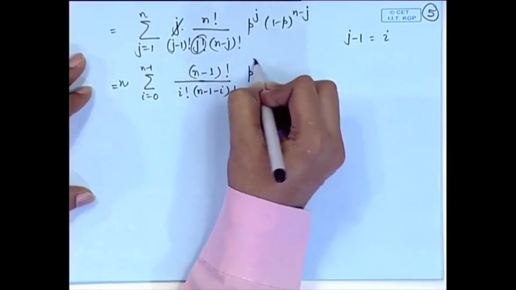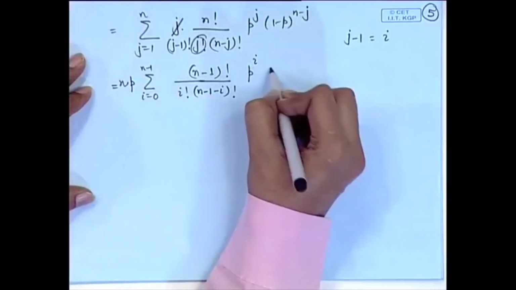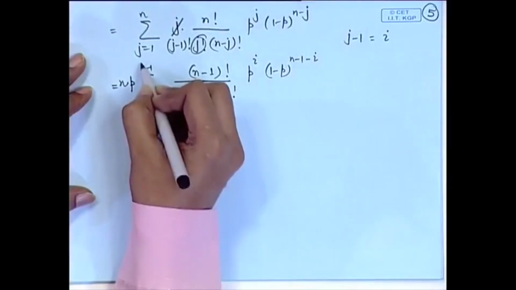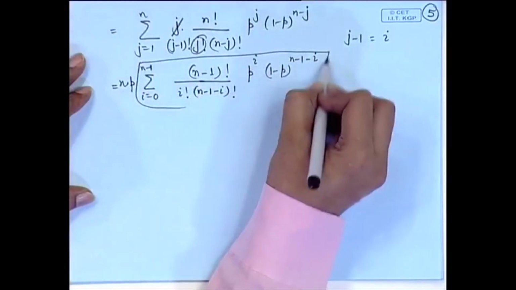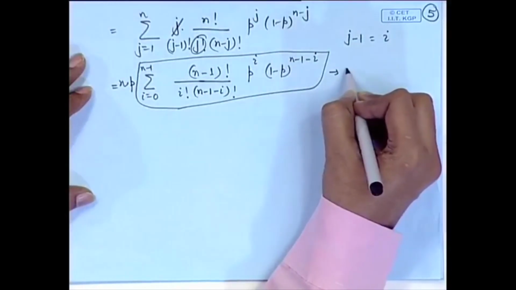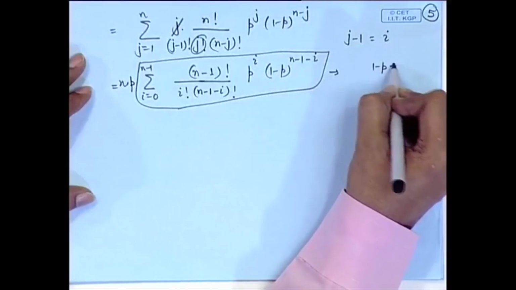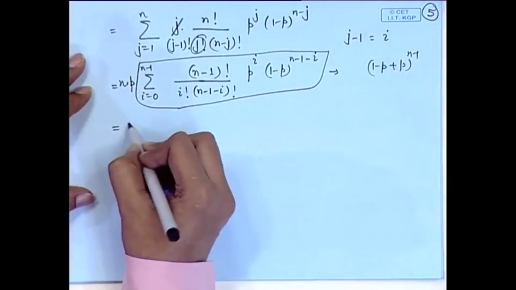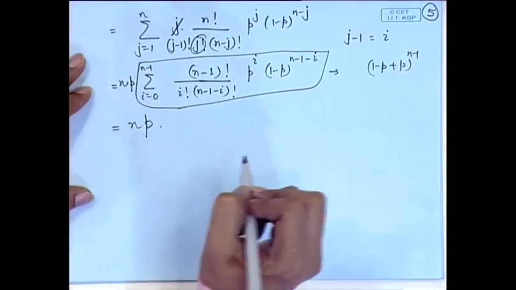So, this is p to the power i, and one p will be here, (1 minus p) to the power n minus 1 minus i. If you look at this term, it is the expansion of (1 minus p plus p) to the power n minus 1, which is 1, and therefore, this summation reduces to np.